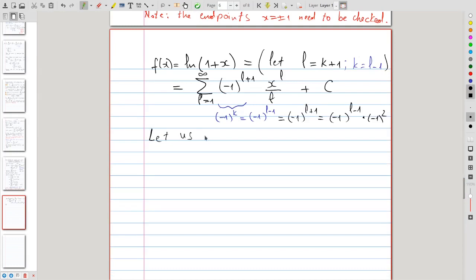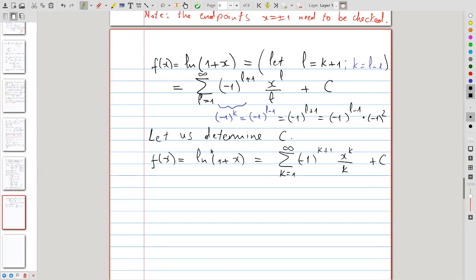So let us now determine C. So let me rewrite again this expression for f of x we have, now using k once more for the index in the infinite sum. So this is the representation for log of 1 plus x we have, plus C. And the question is, what is C?